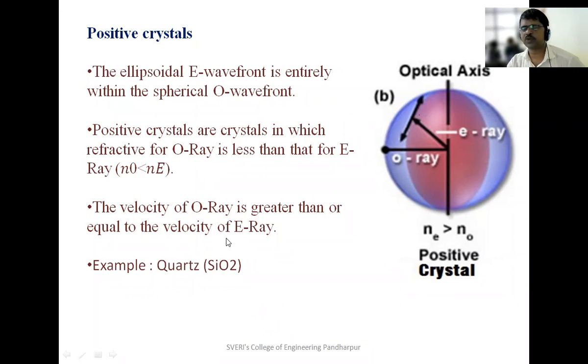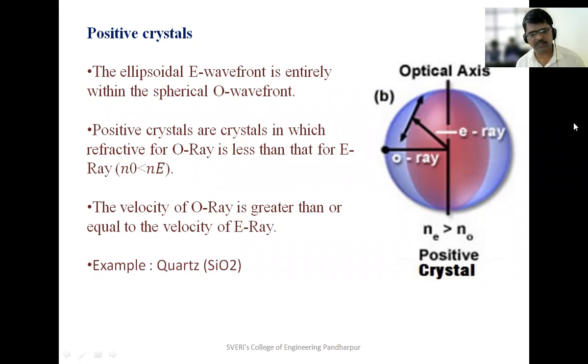Okay, what is first point? Who will read the first point? Anyone? Elliptical wavefront is entirely within the spherical wavefront. Okay. What is second point? In positive crystal, refractive index corresponding to extraordinary ray is greater than refractive index of ordinary ray.